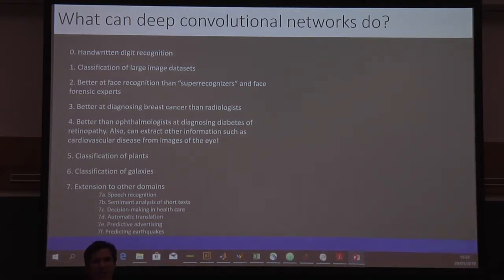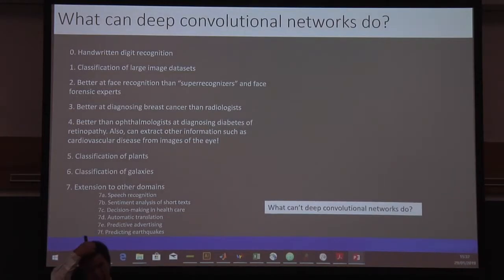As a matter of fact, deep convolutional networks and AI seem to be everywhere now. There are plenty of examples, on a weekly basis, of how they can be applied to a wide variety of different problems. So maybe one should ask, what can deep networks not do?